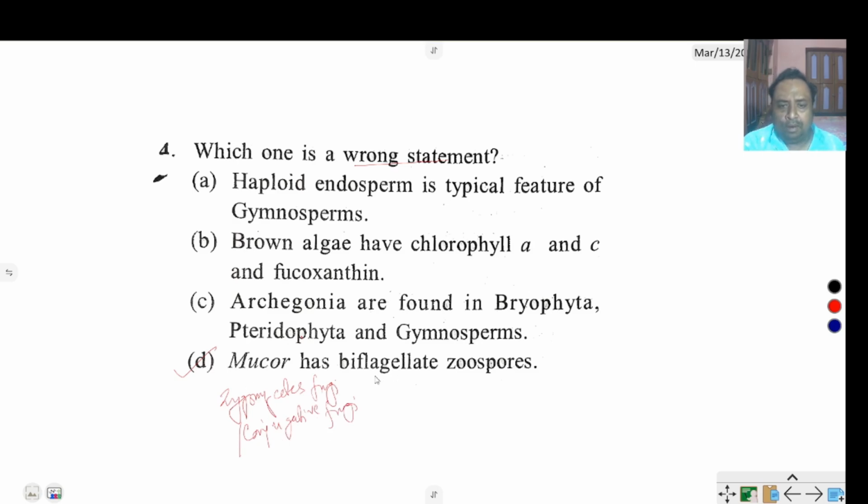Here, biflagellate zoospore is a motile spore. It is absent in Mucor. Mucor does not have any motile biflagellate zoospore. They have non-motile sporangiospore.